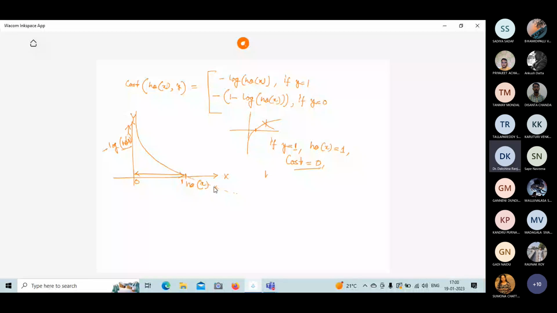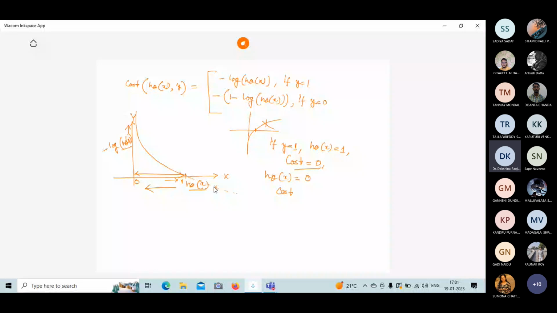Then when h theta x is found to be 0, what will be the cost? That means h theta tends to 0. Previously we saw that h theta tends to 1; now h theta tends to 0.